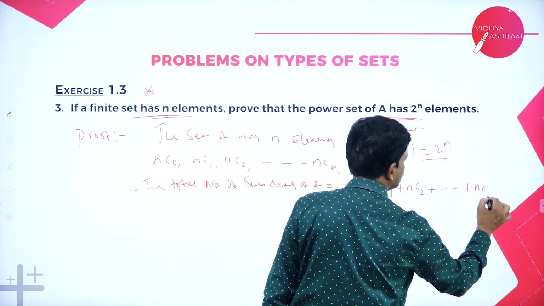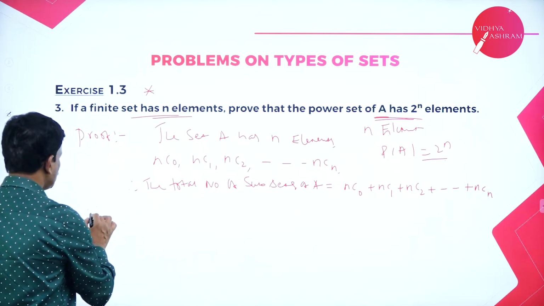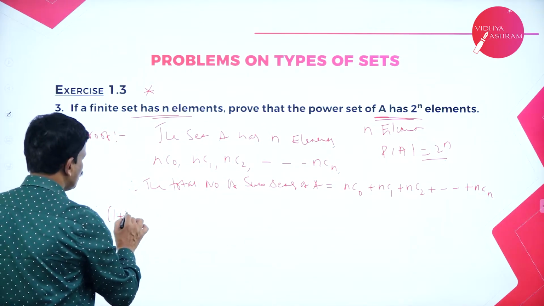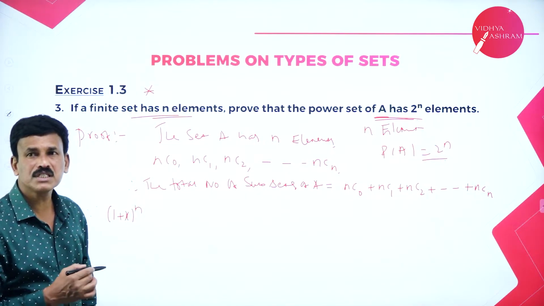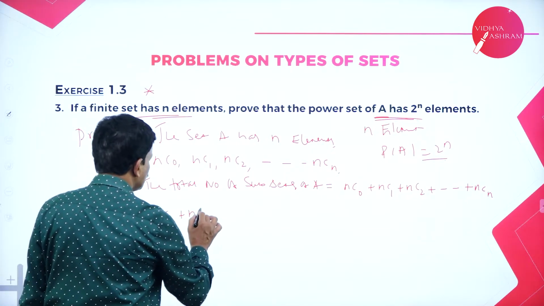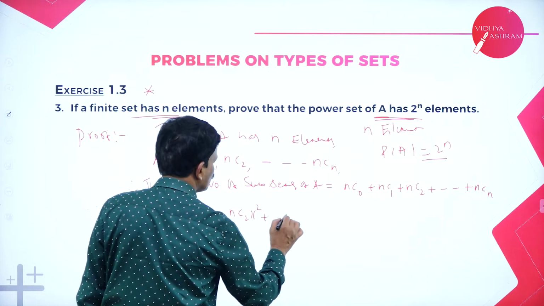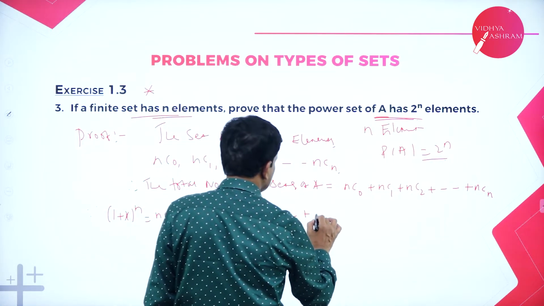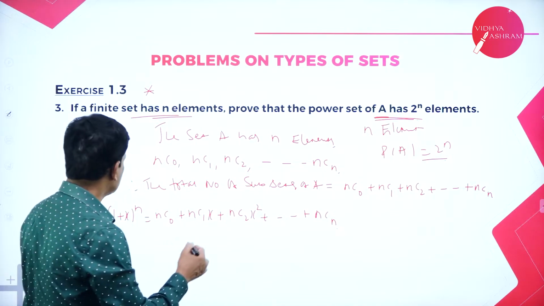plus nCn. Using the binomial theorem, the binomial expansion of (1 plus x) to the power of n is nC0 plus nC1 x plus nC2 x squared plus, etc., plus nCn x to the n.